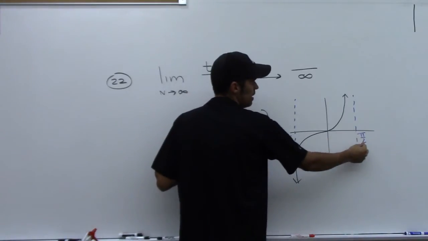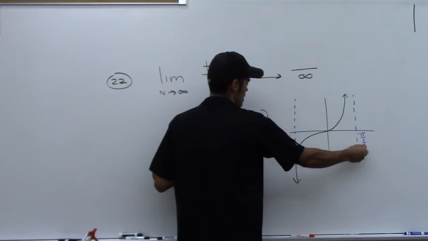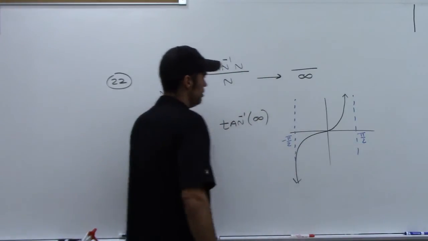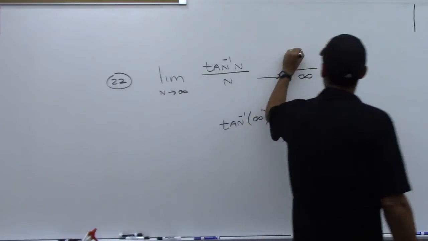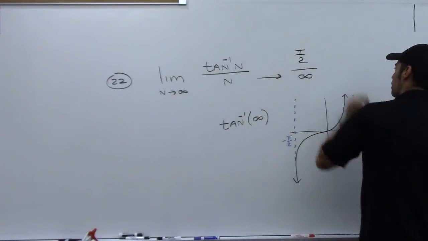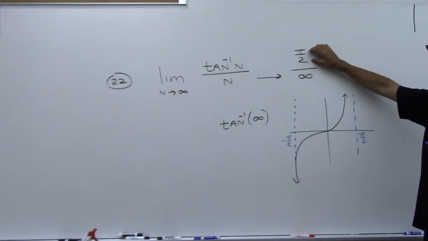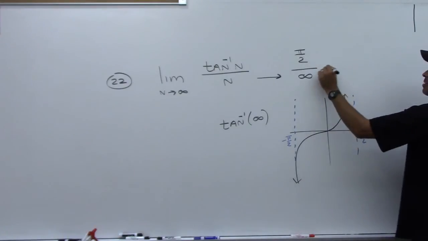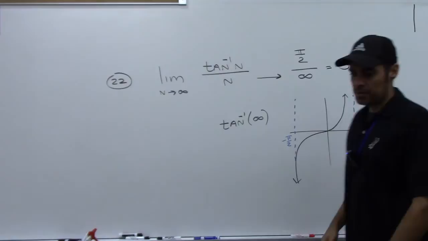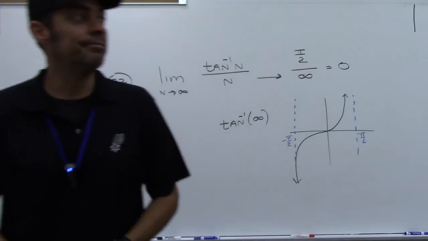That happens when the angle becomes pi over 2. So the top is headed towards pi over 2, a nice fixed number. When you divide a nice fixed number by a huge number, this thing goes to 0. So this converges to 0.